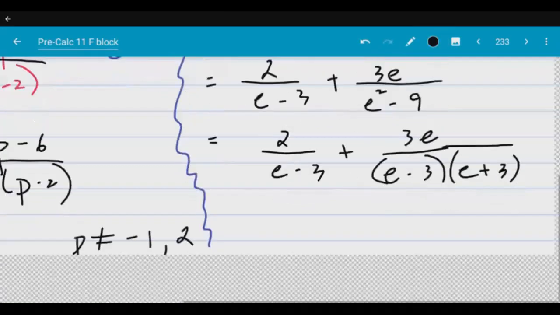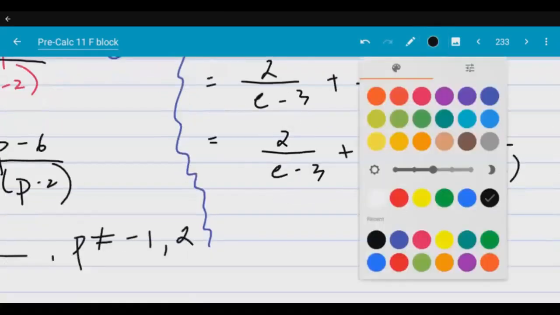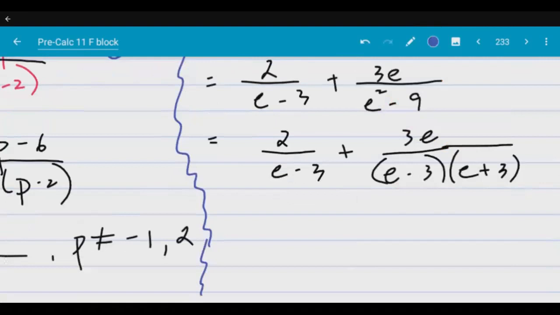Okay, so if I want them to have the same denominator, that means I will have to have this as a common denominator. And since this is all I have for the first fraction, I will need to have this also. All right. 2 over e minus 3 is the first denominator.